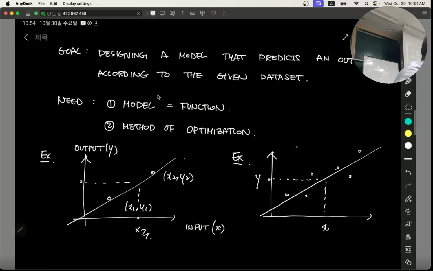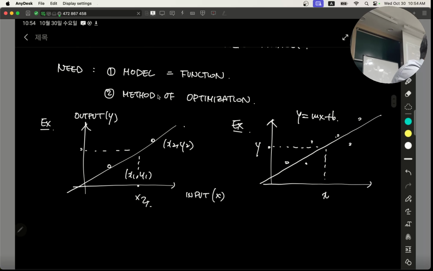So for example, let's say you have y equals mx plus b, that's the slope m and the y-intercept b. And m and b can be randomly chosen, but then it doesn't predict the data set at all. So you have to find the optimal numbers for m and b. So what will be the method?